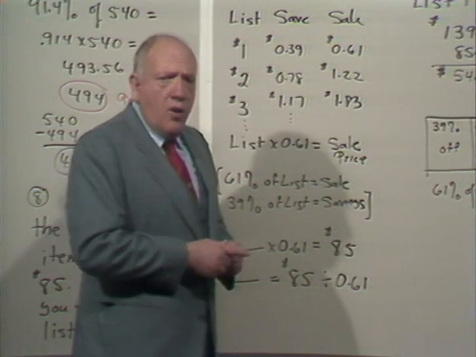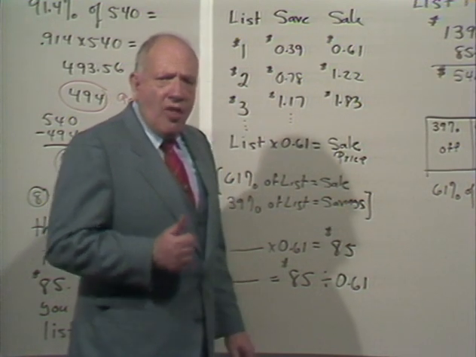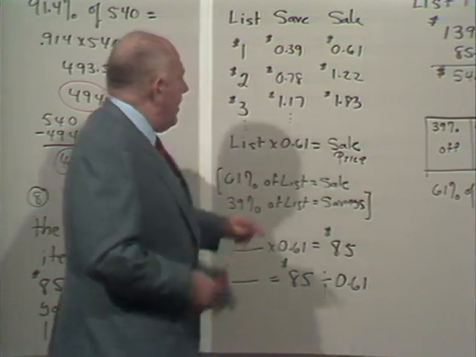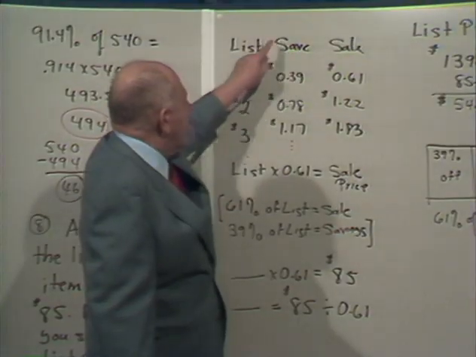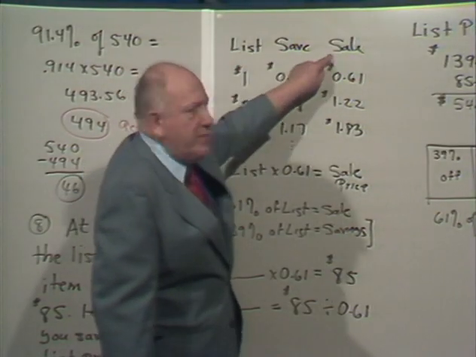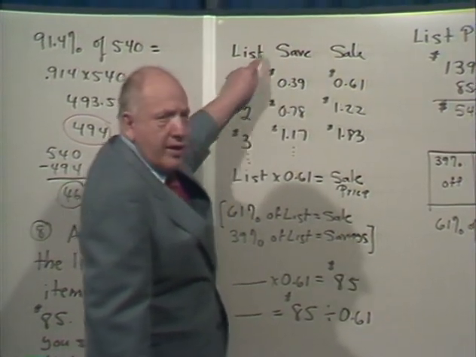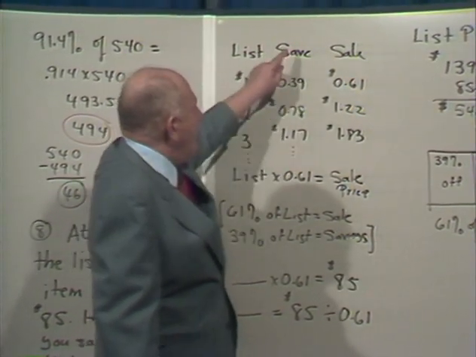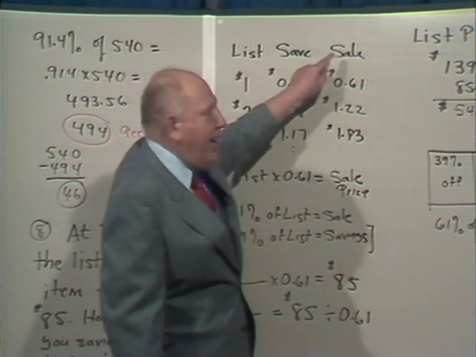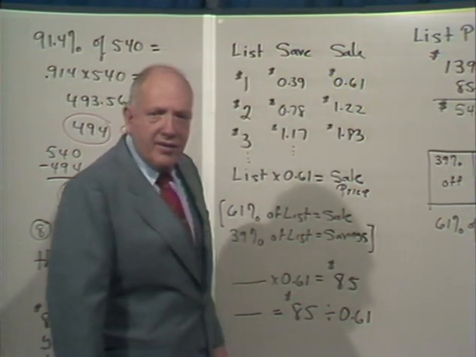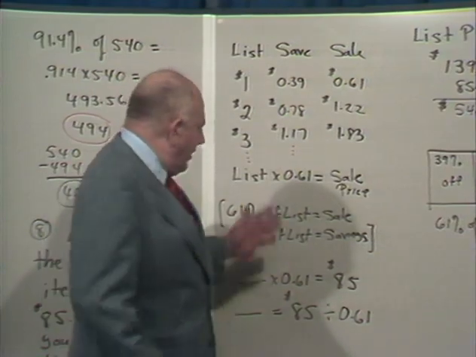And by the way, whichever one I use, I get the other one as a freebie. In other words, if I know this number, I subtract it from the list, that gives me the sale price. If I know the sale price, I subtract it from the list, that gives me my savings. If I know the savings and the sale price, I add them together, and that gives me the list. Isn't that neat? Well, let's go on then.